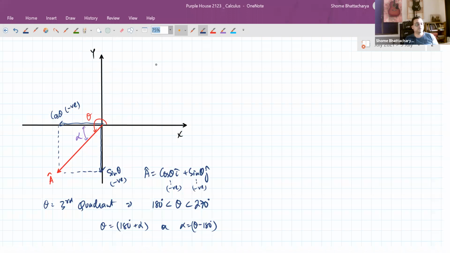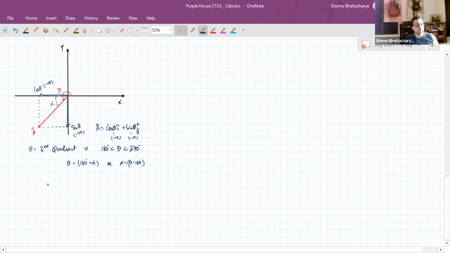So when we are finding the value of cos theta and sin theta, cos theta will become negative of cos alpha. Now alpha this time is what? It is theta minus 180, because it's this angle here. Theta is equal to 180 plus alpha, so alpha is theta minus 180. And sin theta becomes minus sin alpha, so that is minus of sin theta minus 180 degrees.